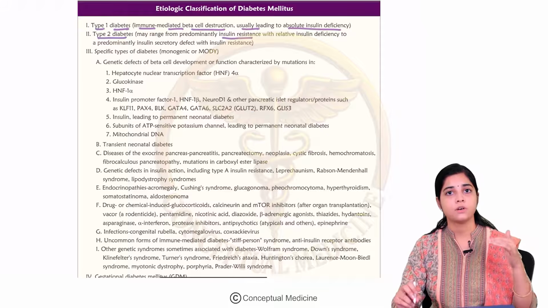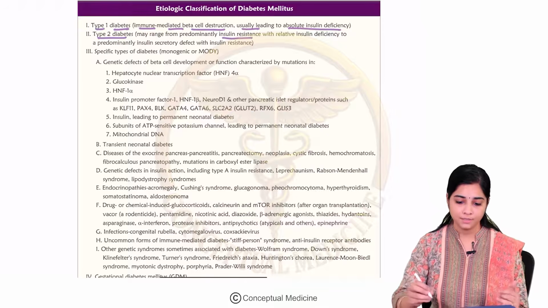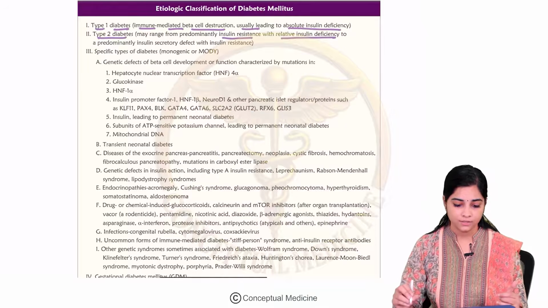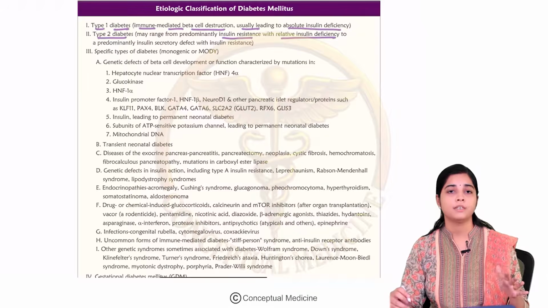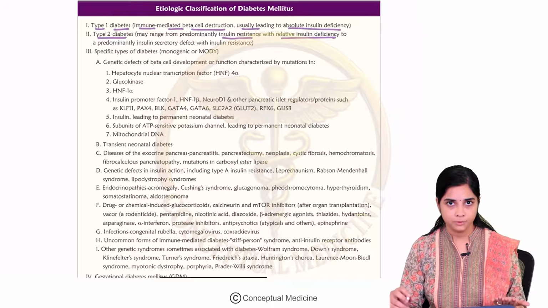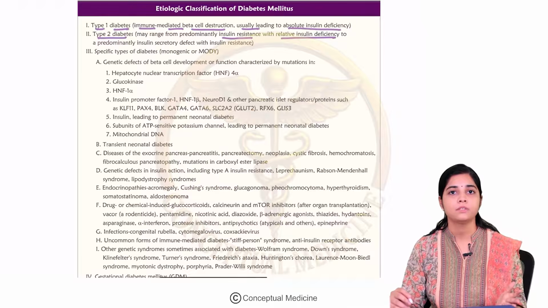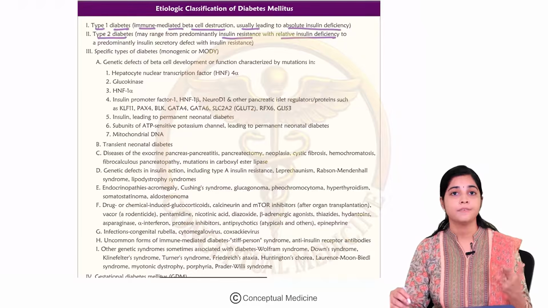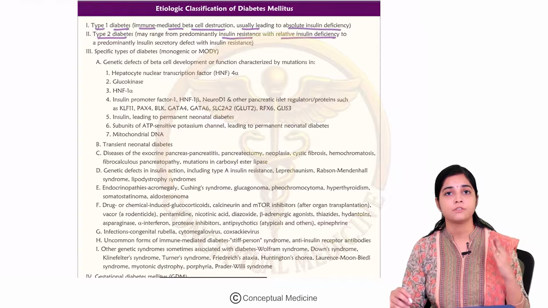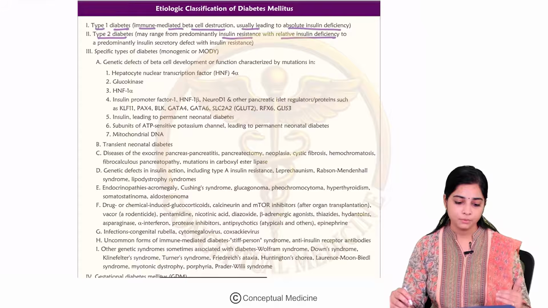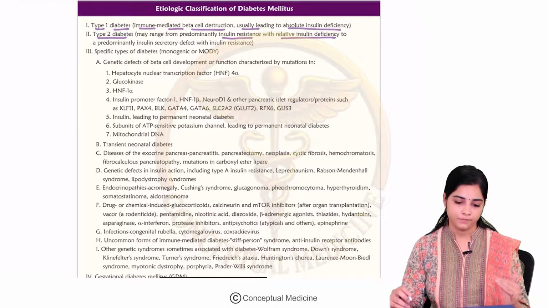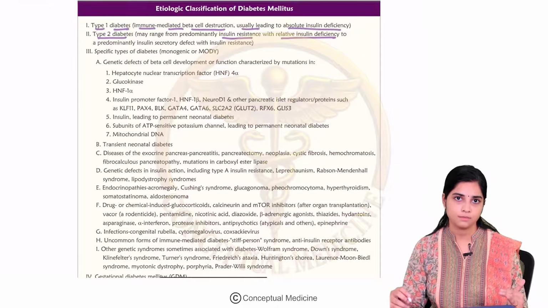So the insulin is not able to act on the insulin receptors, and hence there is a relative insulin deficiency. So the major forms of diabetes are type 1 and type 2. Type 1 has an absolute insulin deficiency where there is autoimmune destruction of the beta cells and no insulin is produced at all. In type 2, there is a relative insulin deficiency because of insulin resistance.